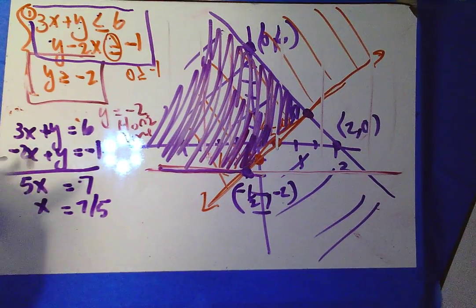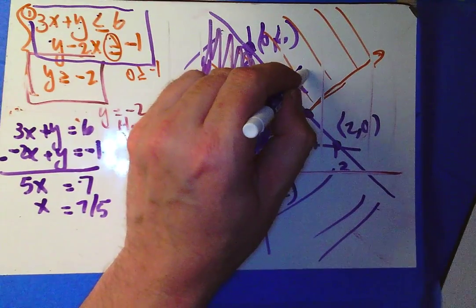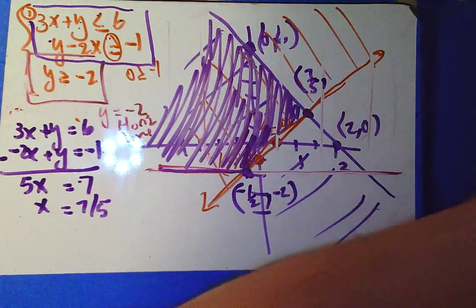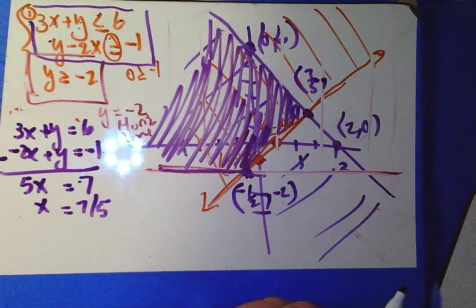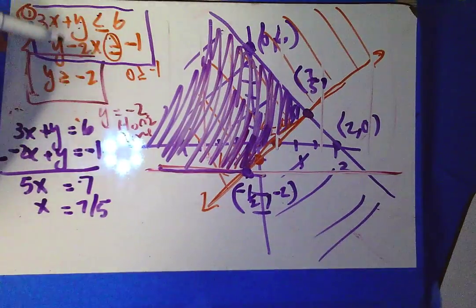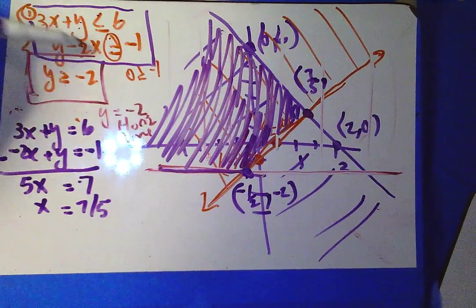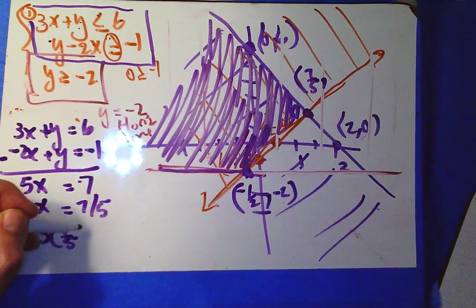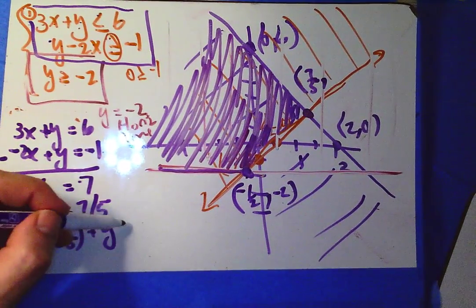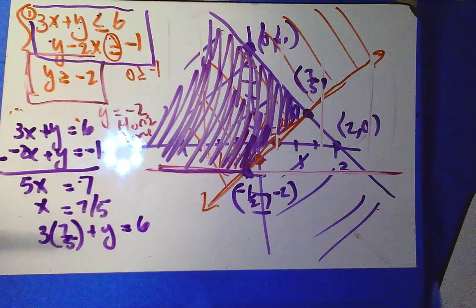Ew. Well, if x equals 7/5, what's our y value there? Our y value we could find by plugging this x value into either of these equations. 3 times 7/5 plus y equals 6.